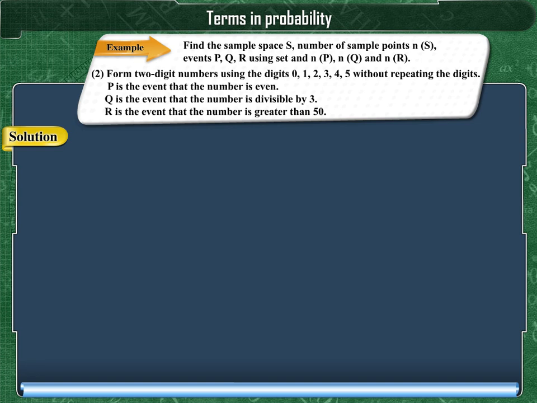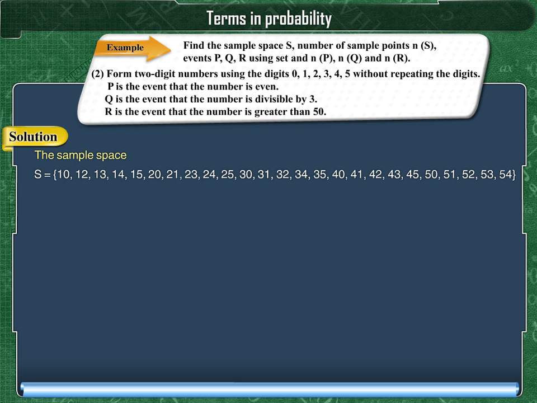Each of the remaining digits 1, 2, 3, 4 and 5 will form 5 two-digit numbers. Therefore, the sample space set S contains elements as shown here. Therefore, n(S) is 25.